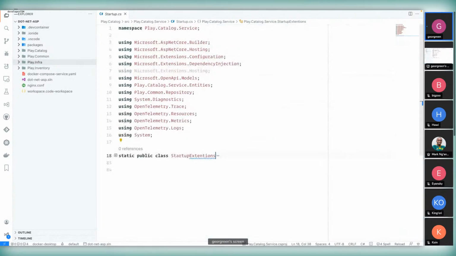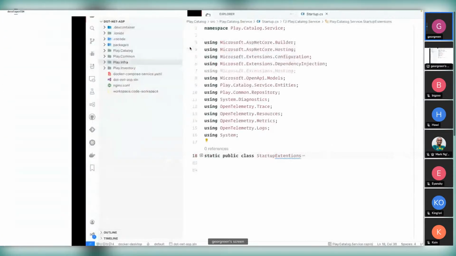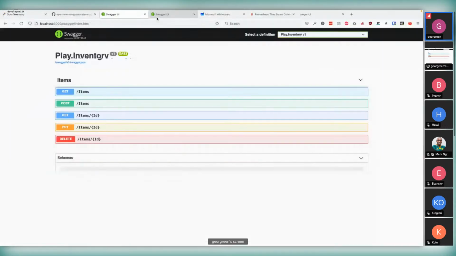So we have this application here, and we are going to just do a bunch of requests and look at the telemetry, and let's see what we can discover from the telemetry. And then from that, we can come back here and just explain what the heck is going on. So I have two services. A service called Catalog Service.